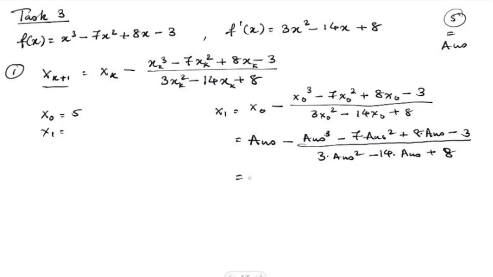When you press equal to now, this will give you the value of x1, which is 6.